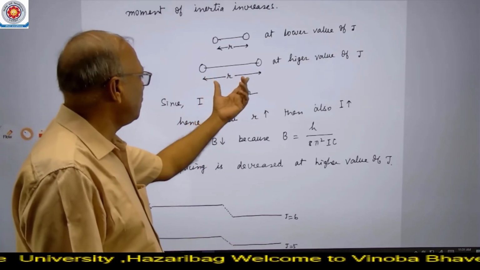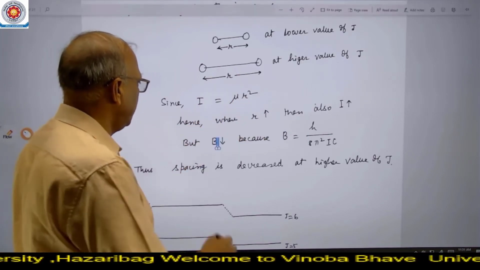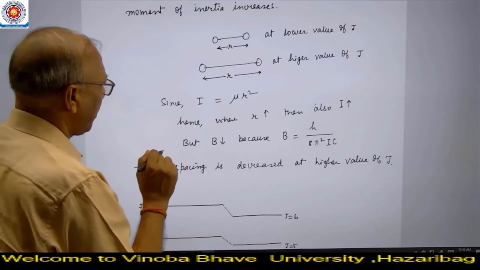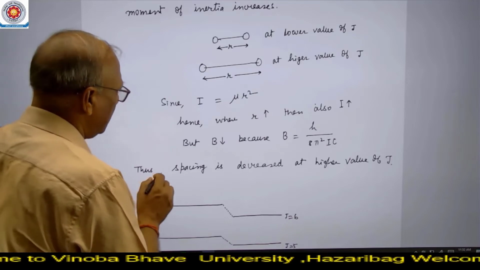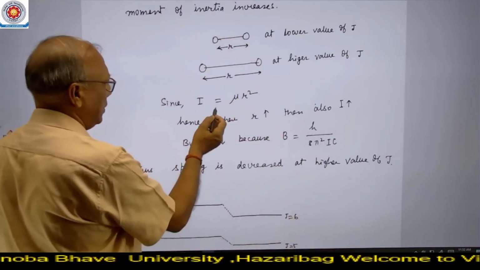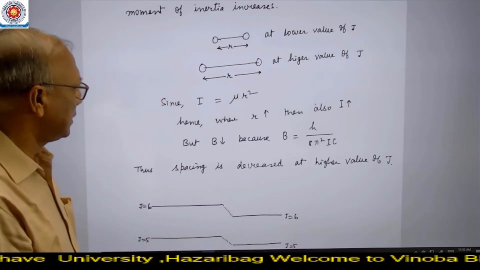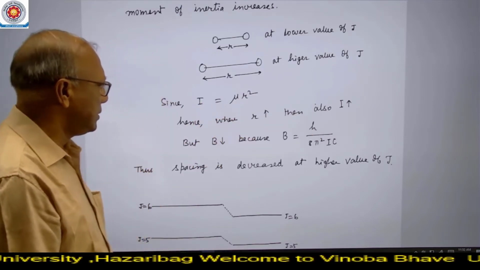So when the value of R is increased, I is related by the formula I is equal to mu R square. So I is directly proportional to R, therefore I also increases. Since I and R are directly proportional to each other, when R increases, I also increases.